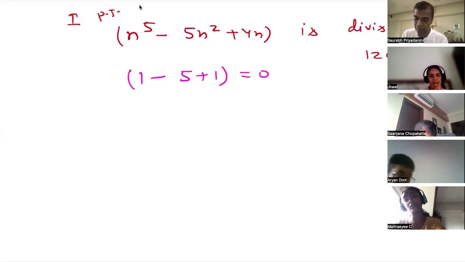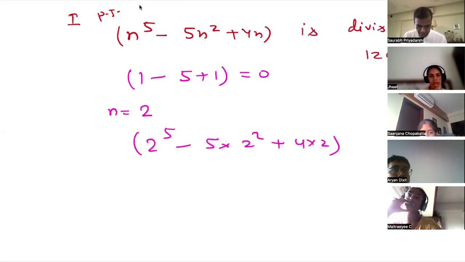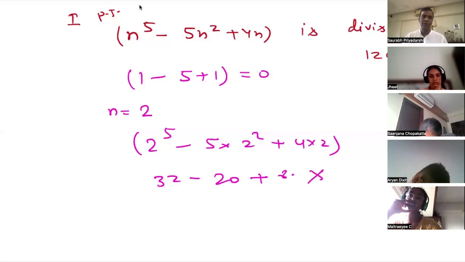Possibly this is divisible. For n is equal to 2, n to the power 5 means 2 to the power 5 minus 5 into 2 square plus 4 into 2. Is this divisible this time? 2 to the power 5 is 32 minus 20 plus 8. No, not divisible.